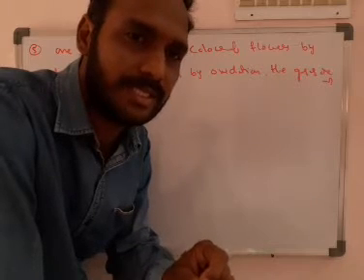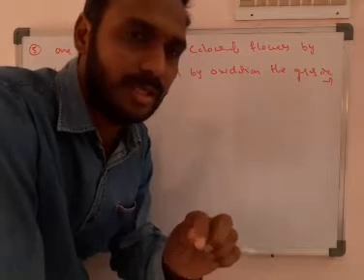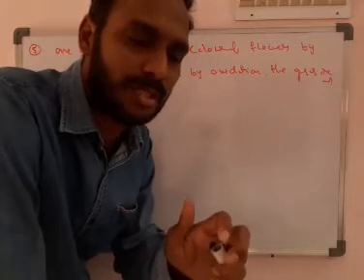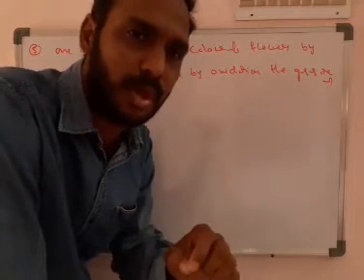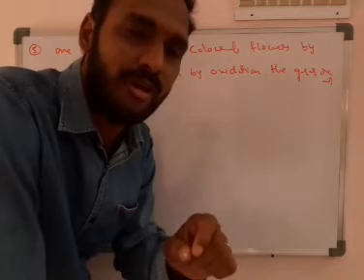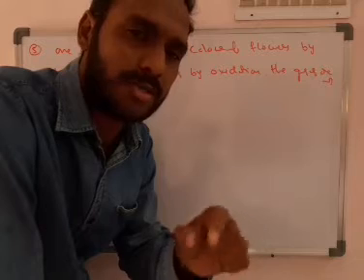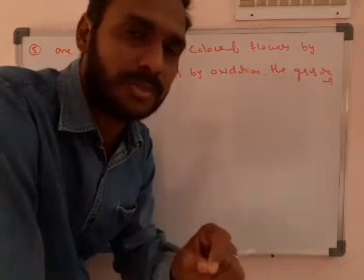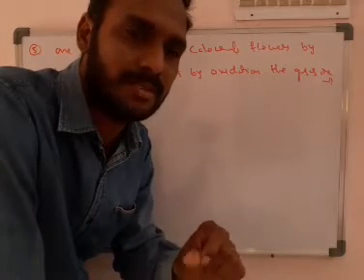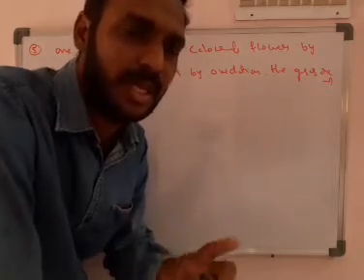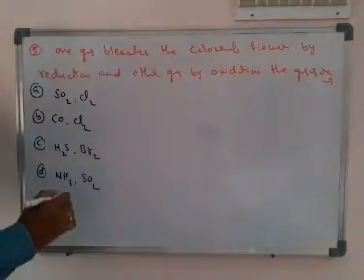Bleaching agents are possible of two types. Some compounds work as bleaching agents by acting as oxidizing agents. Some compounds work as bleaching agents by acting as reducing agents. Here see the reducing agents.